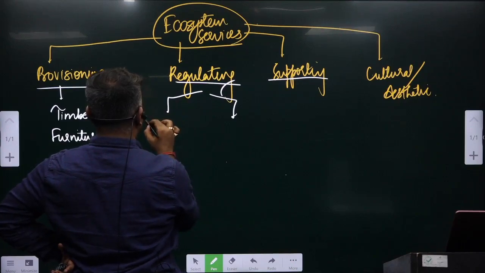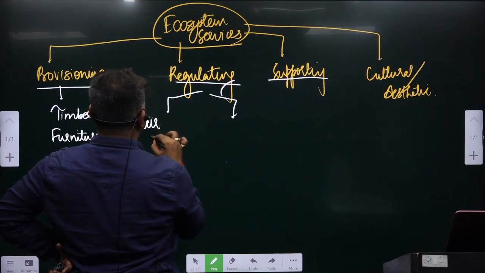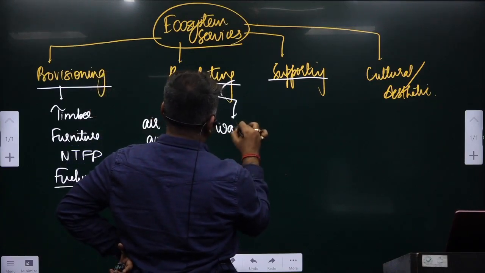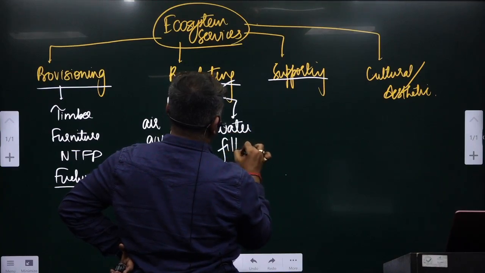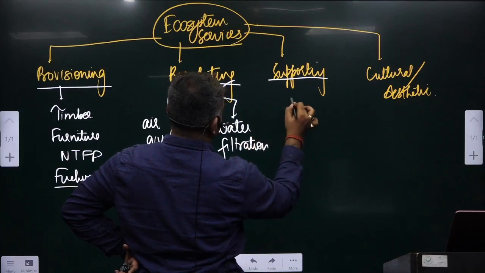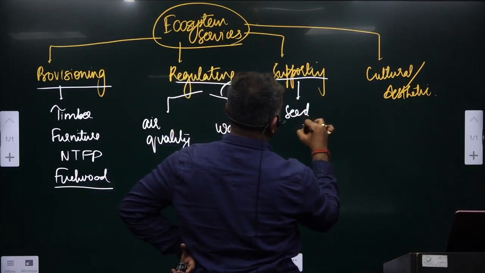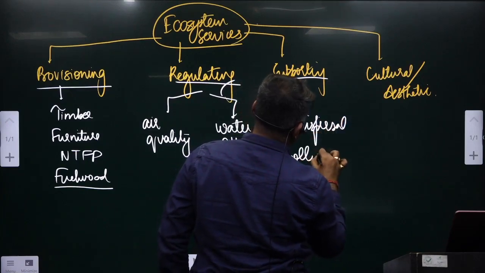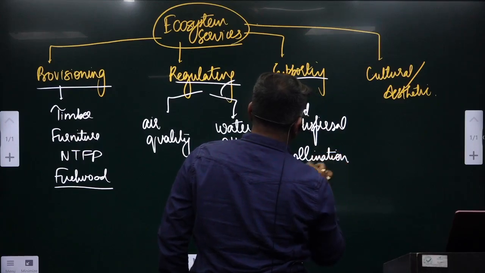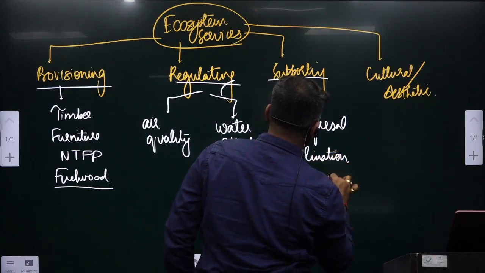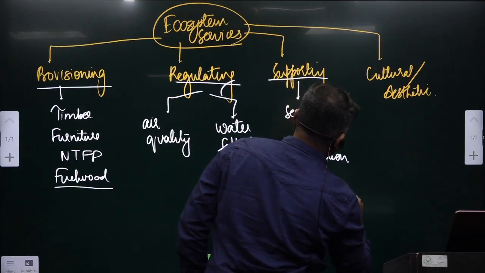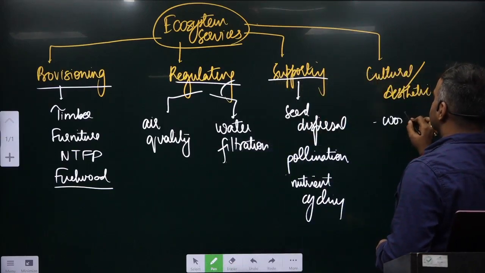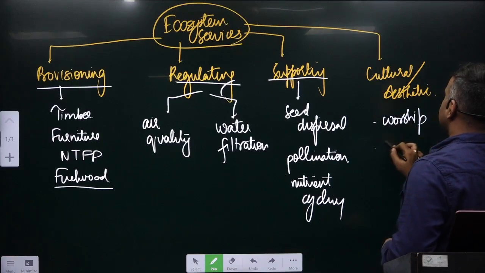So again regulation of, let's say for example, the air quality, purification, so water filtration etc., among many other services. Supporting, think in terms of seed dispersal, pollination, nutrient cycling, and cultural and aesthetic, which means, for example, let's say they are being worshipped, or used for tourism etc.